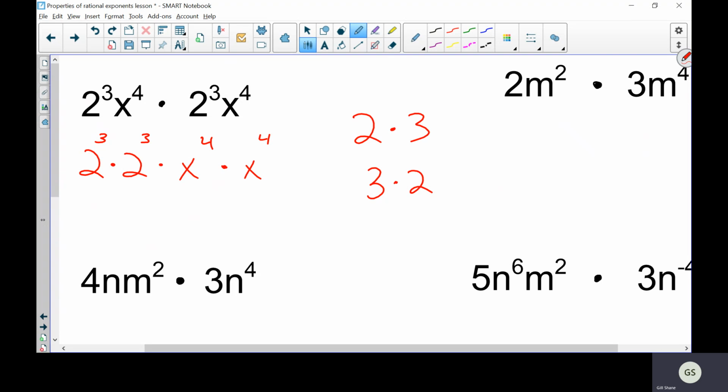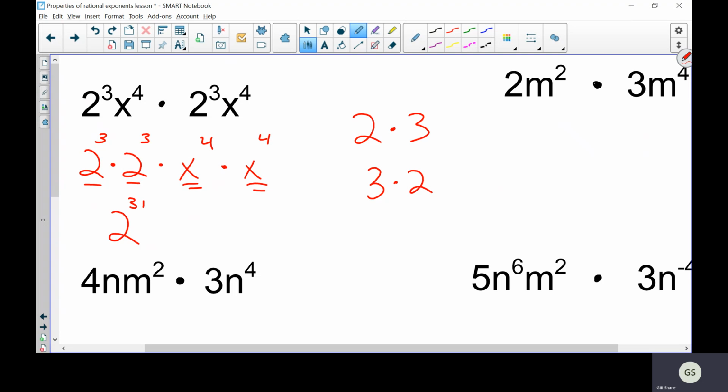So we can combine the exponents for the different bases. To combine these bases, what do I do first? Write it, say it again. Keep the base. So I keep the base.